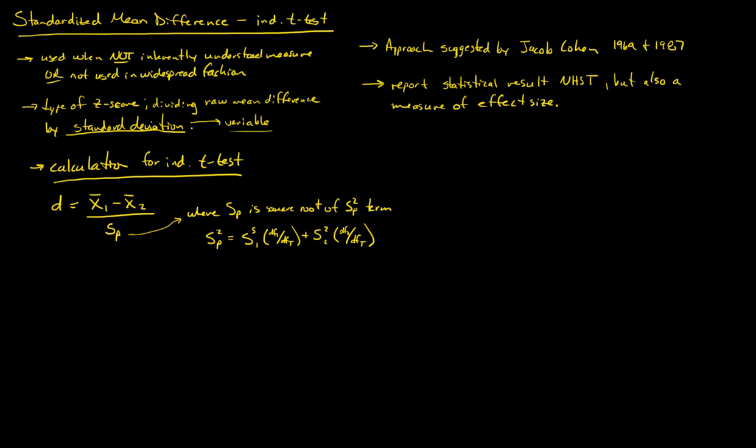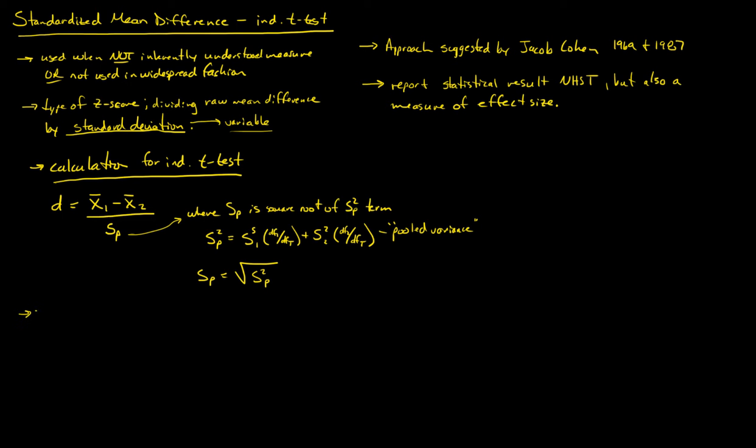It gave us the pooled variance that we needed for the t-test calculation. Now we're going to take the square root of this. So S sub p is the square root of S squared sub p.